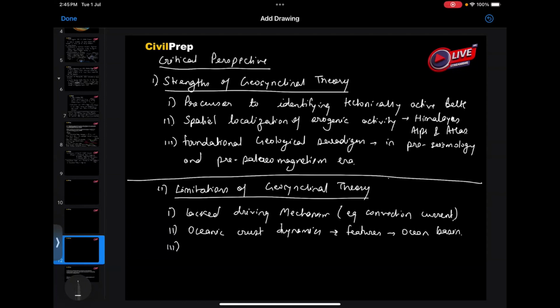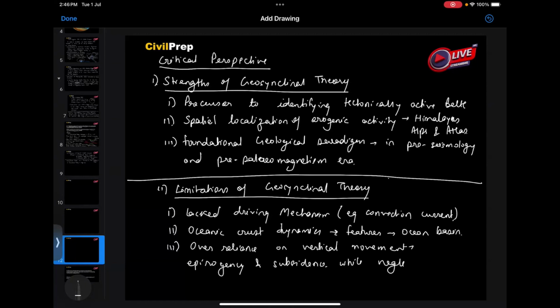Number three, there was an over-reliance on vertical movement, that is epeirogeny and subsidence, while neglecting lateral compression.